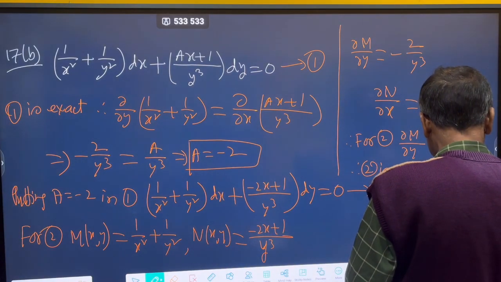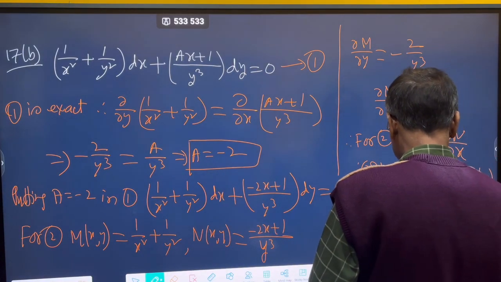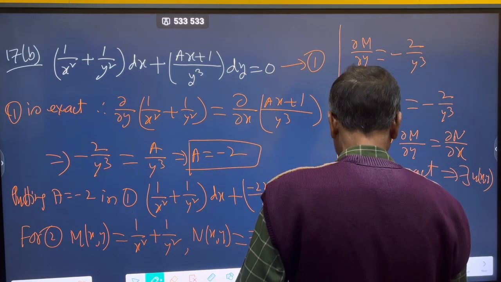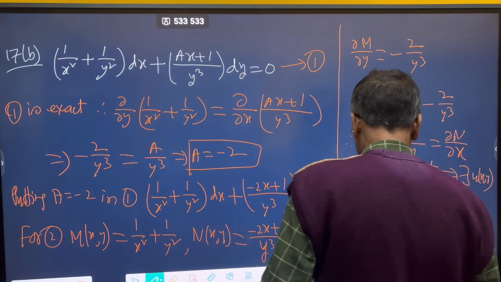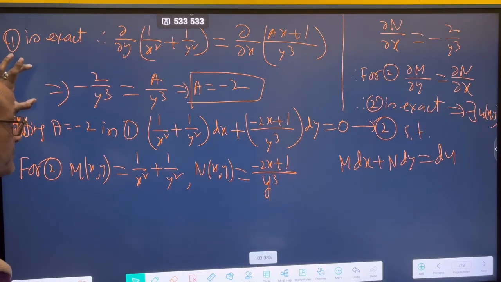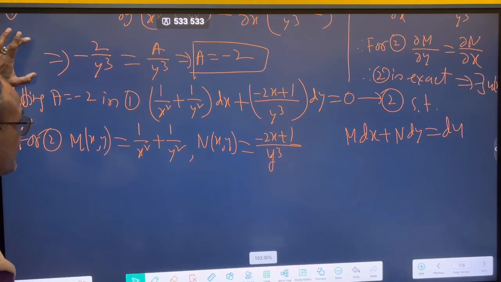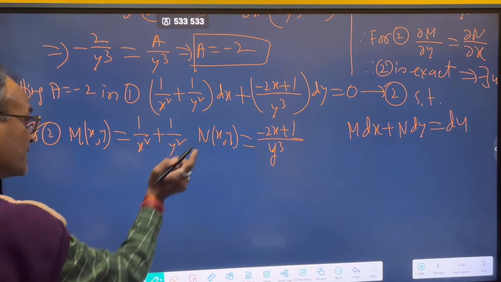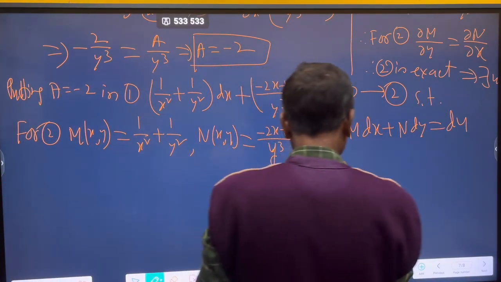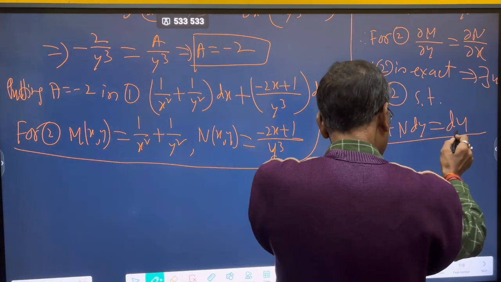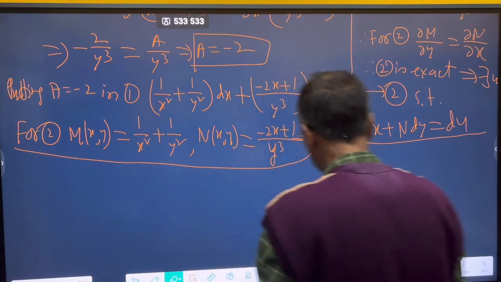Since 2 is exact, this means there exists a function u of x, y such that M dx plus N dy equals du.